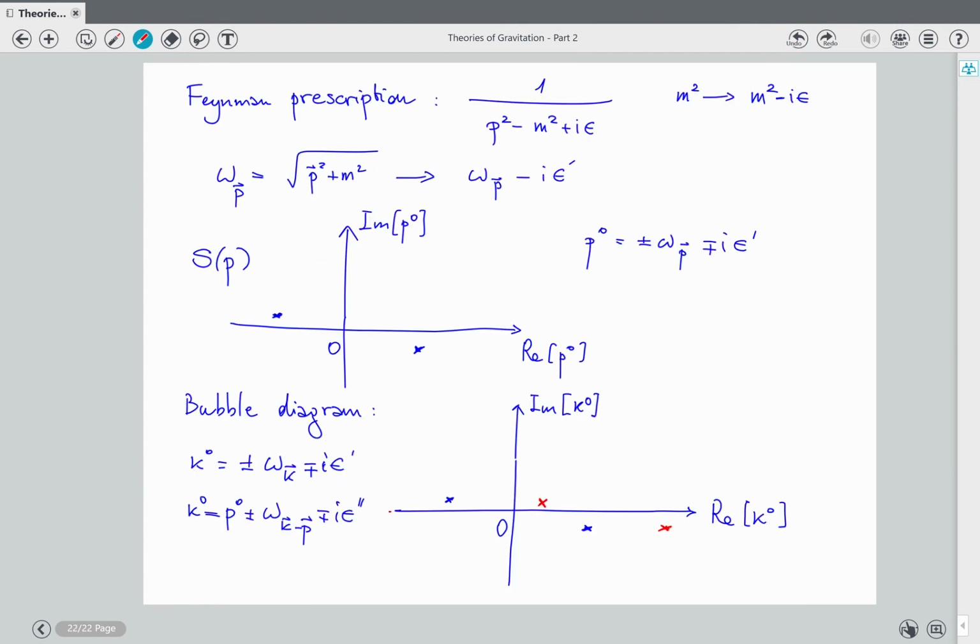For example, if you have to integrate here, you can close the integration path like that, and you pick those two residues, or the other side, it will give the same result, of course, and you will pick the other two. But the integral on the energy now is done, it's well defined.